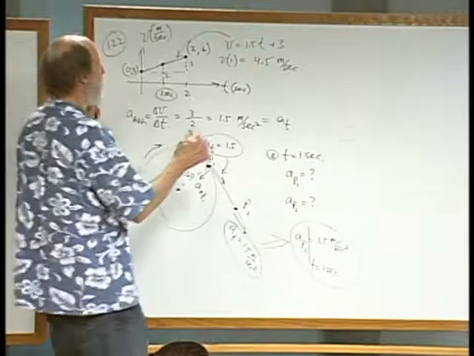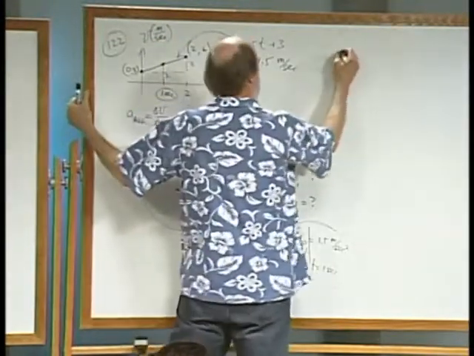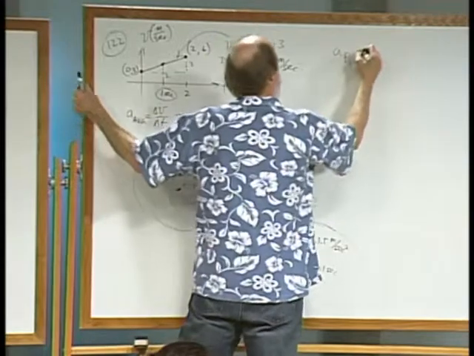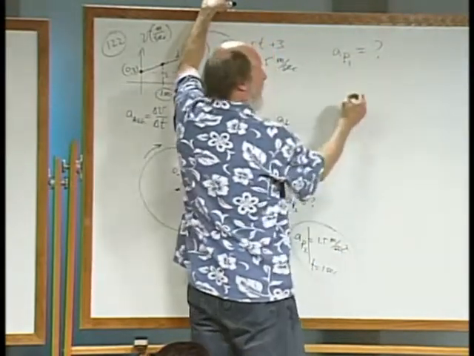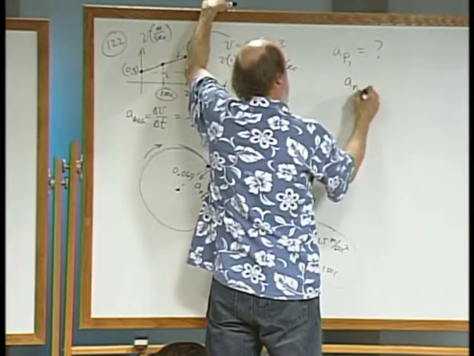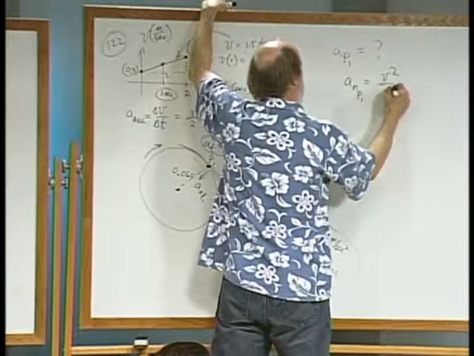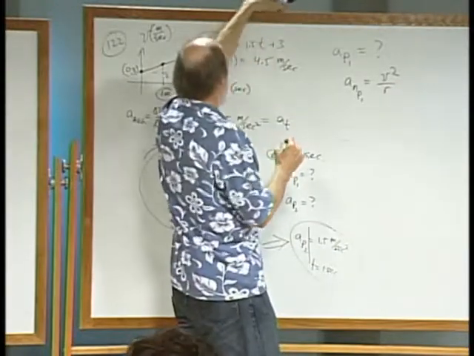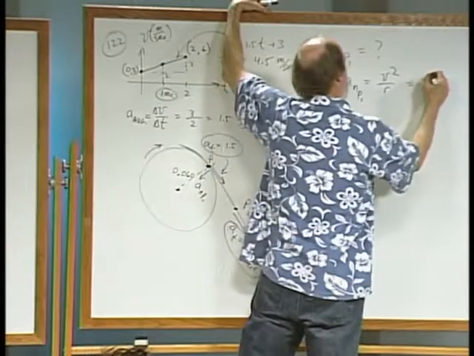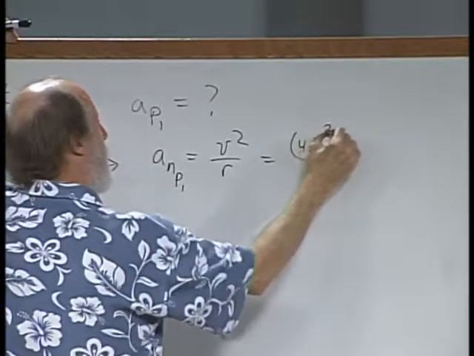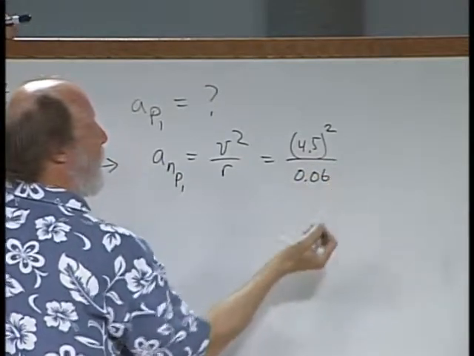Okay. So then, with this piece of information now, we're looking for this acceleration at P1. So the normal acceleration at P1 has to be equal to v squared over r. We have our speed here, substituting 4.5 squared over the radius of the cam, 0.06.